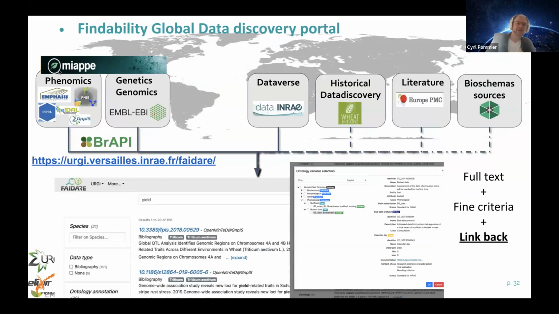It indexes MIAPPE sources, breeding API sources, as well as dataverses and other historical data discovery network provided by the WIT initiative.